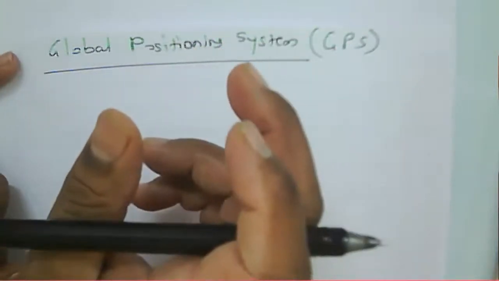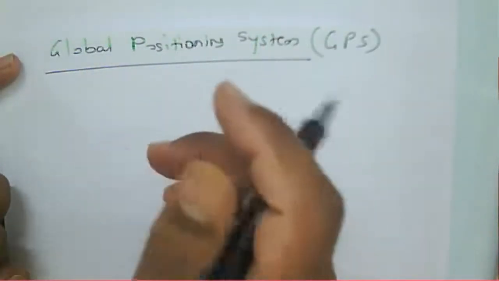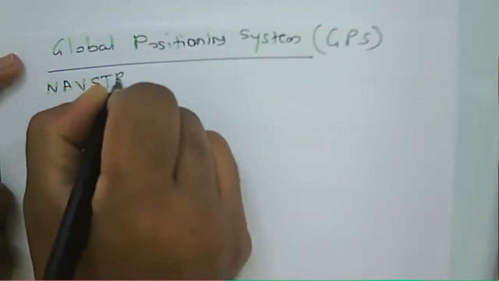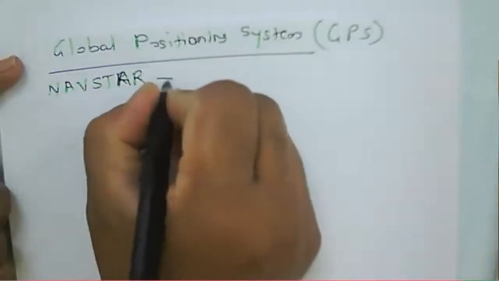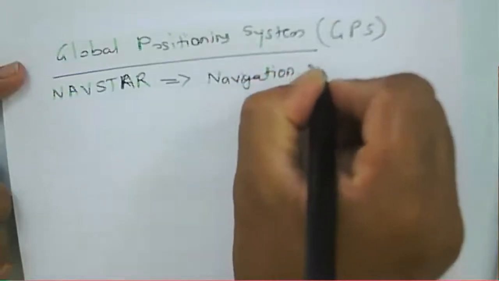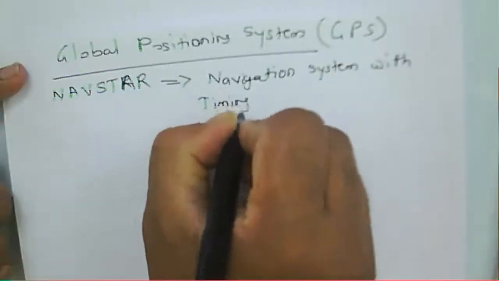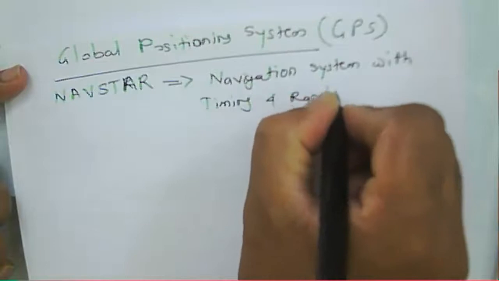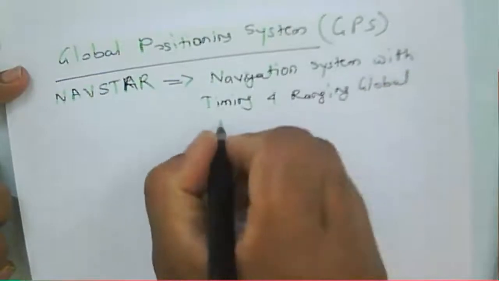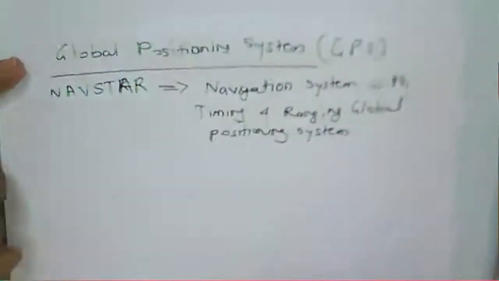A navigation system with timing and ranging, and GPS is the global positioning system. That is Navstar GPS.